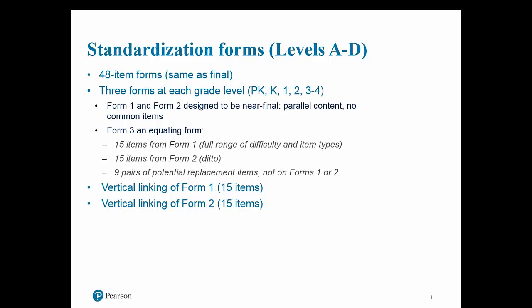These were potential replacement items that could be slotted in. And we had vertical linking within Form 1 and within Form 2 of about 15 items per pair of vertically linked forms.